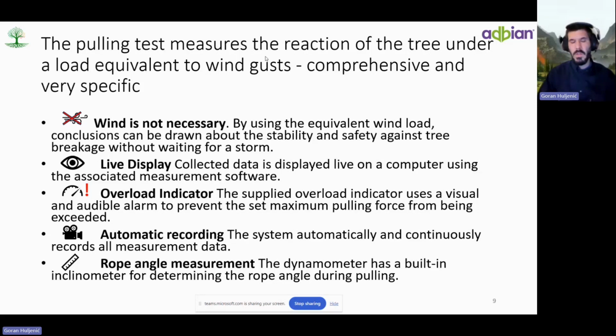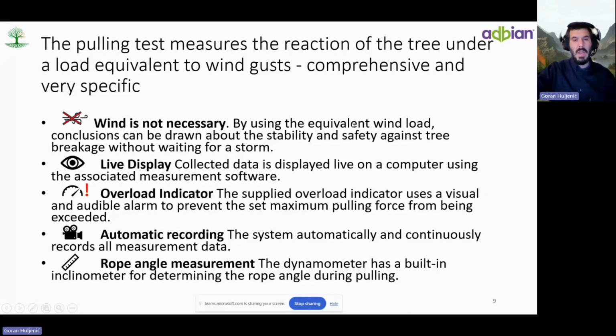So we don't actually need the wind. We can create the wind load by a winch. We use an equivalent wind load, and we draw conclusions about the stability and safety of the tree against breakage or uprooting without waiting for a storm and big winds.